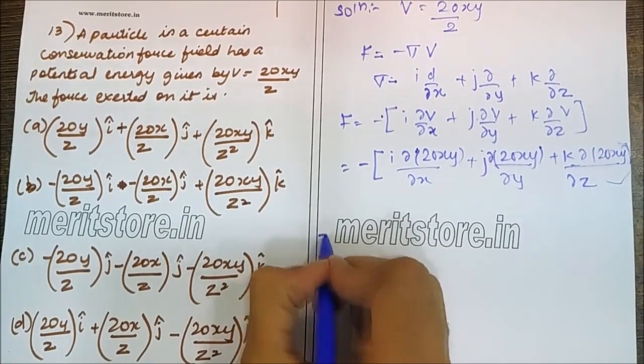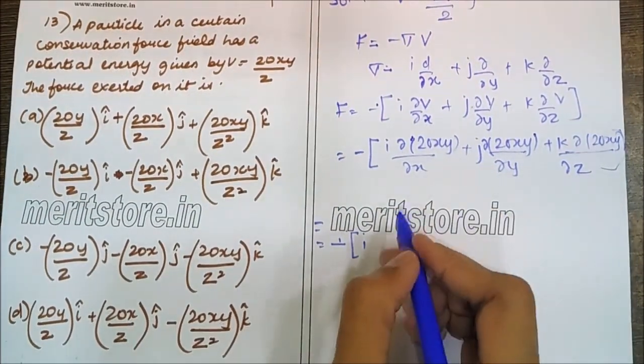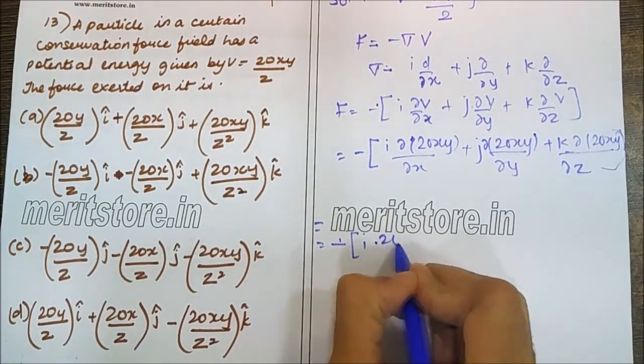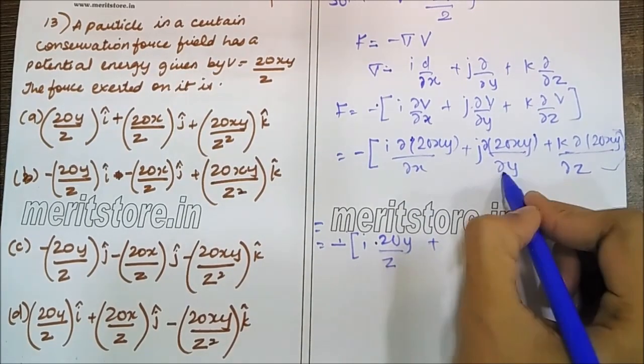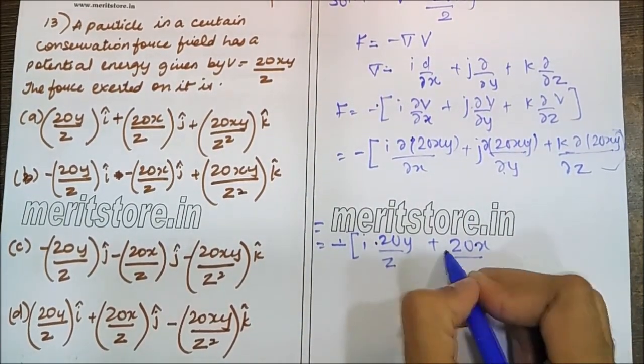Okay, so now differentiating again, we get minus i, that is 20xy with respect to x, so we get 20y upon z, plus y with respect to y, we get 20x upon z.